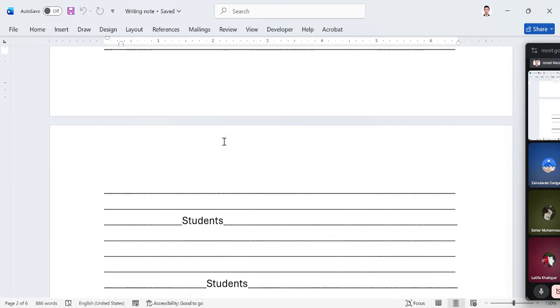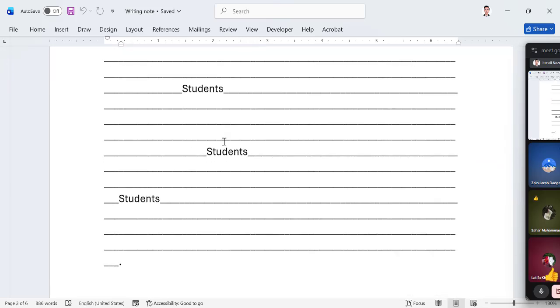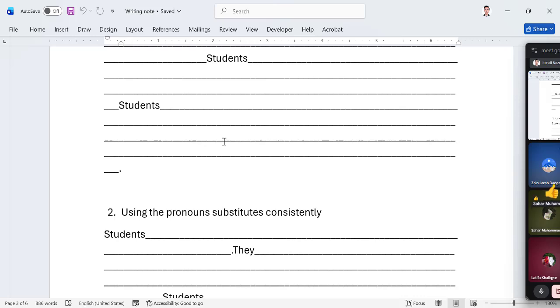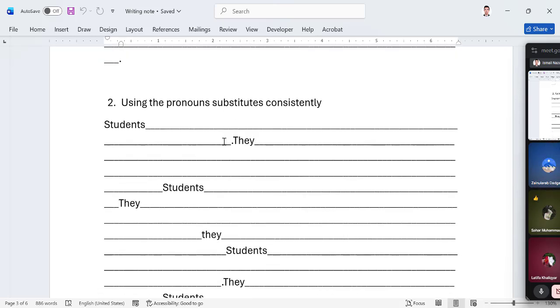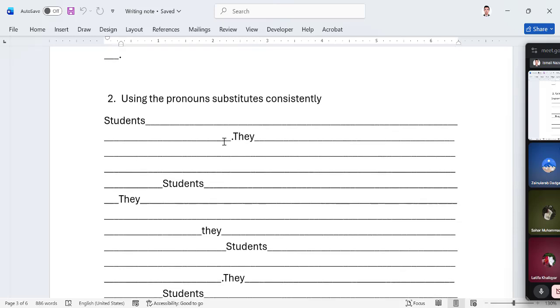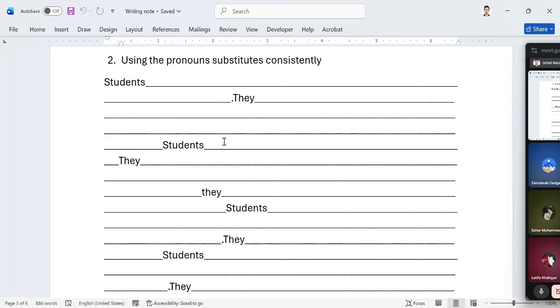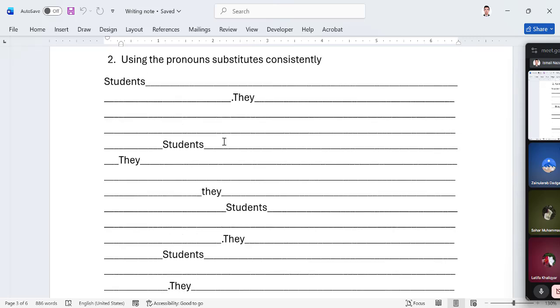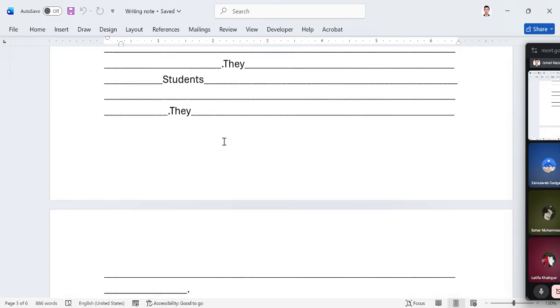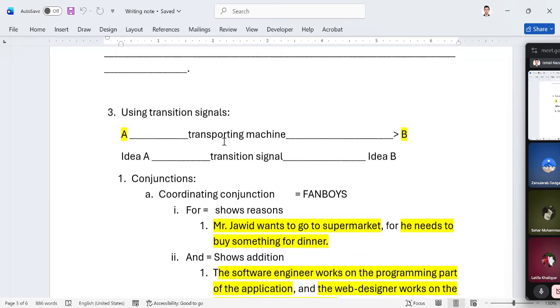For example, we have students, so we will repeat it throughout our text. Then the second way to bring coherence is using pronoun substitutes consistently. So if you have a key noun, in the next line and the next turn, we will use a pronoun instead of it. Then repeat the process again and again.